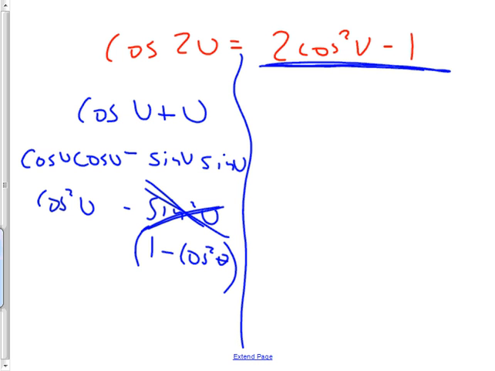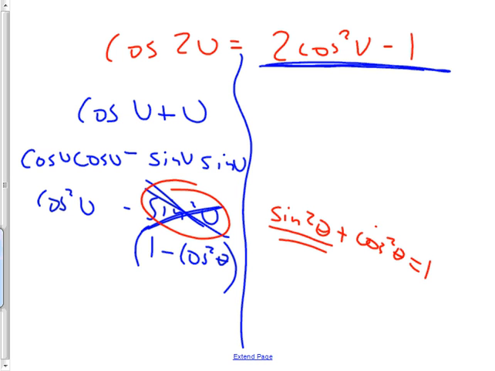I'm going to go off to the side and say it was based on this. Sine squared theta plus cosine squared theta is equal to 1. And all I had was sine squared, so I had to get this alone, so I moved that over to the other side. It was 1 minus cosine squared.